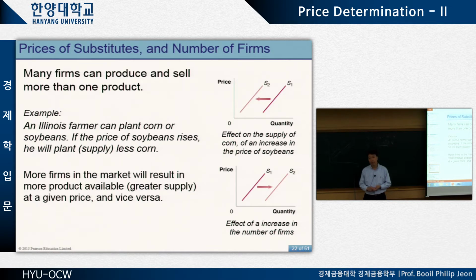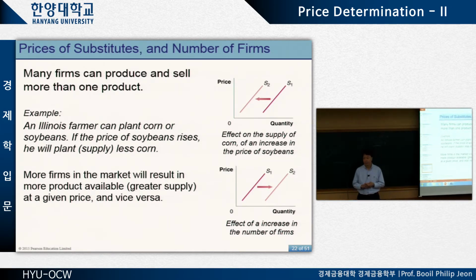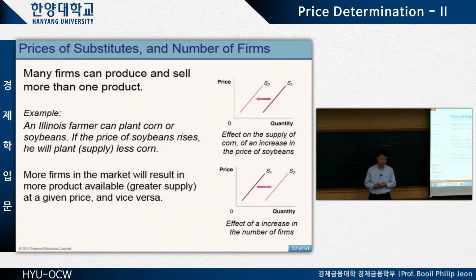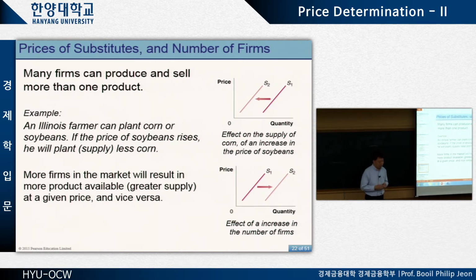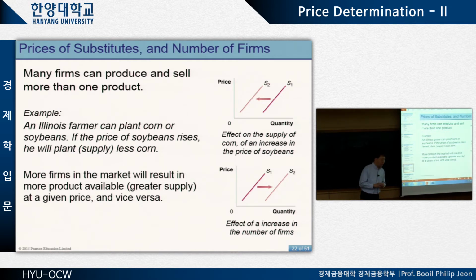Big Mac and Whopper as substitutes, right? So the price of Big Mac goes up. What happens to the demand for Whopper? Increases, right? You should be able to think about it quickly.